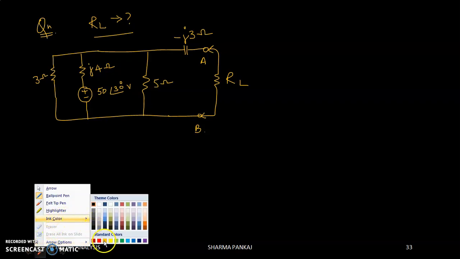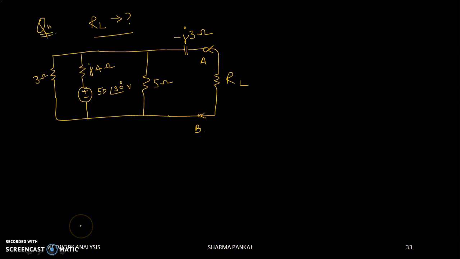Let us start from Thevenin's theorem. Let us find ZTH across terminals A and B. What we are going to do is short circuit the voltage sources, and whatever current sources are there will be open circuited.